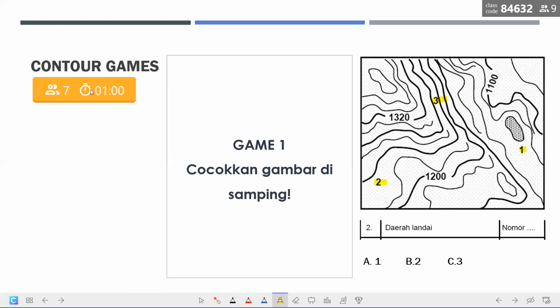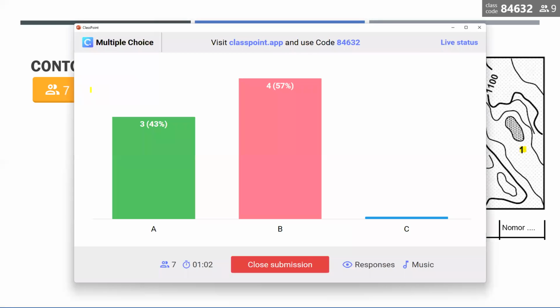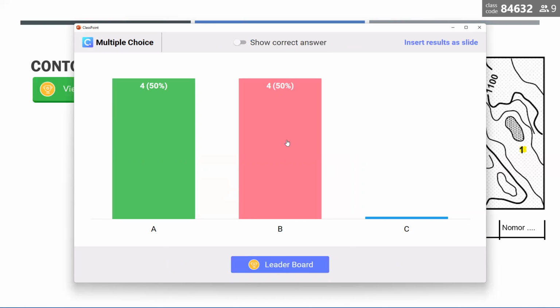Let's see. Okay. All right, this is an even Stevens. Some of you chose 1, some 2, some 3. Okay, well, close the submission for now.